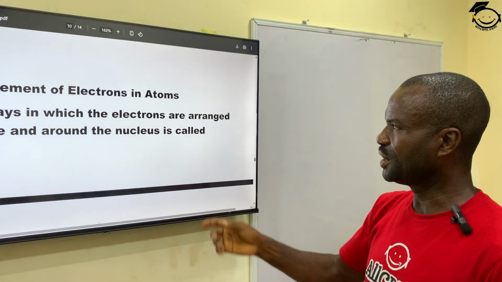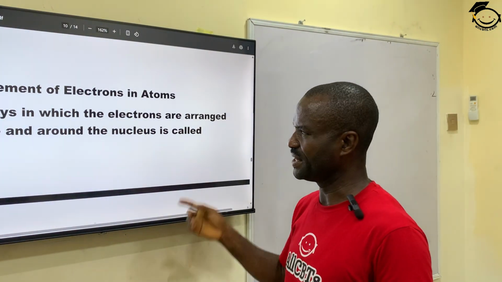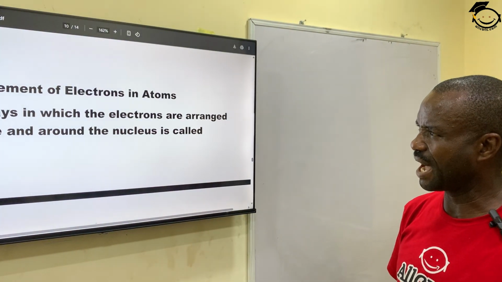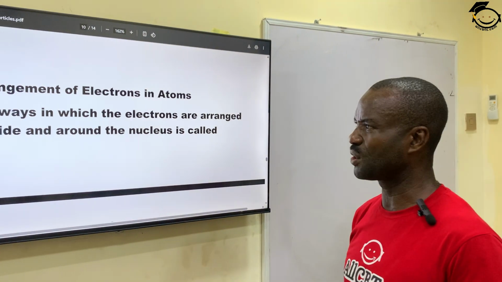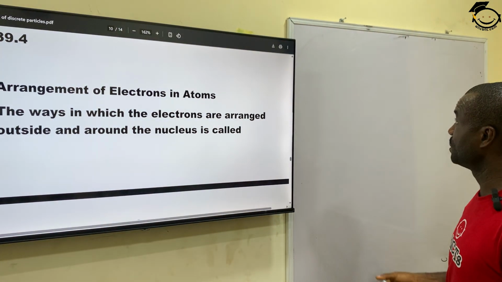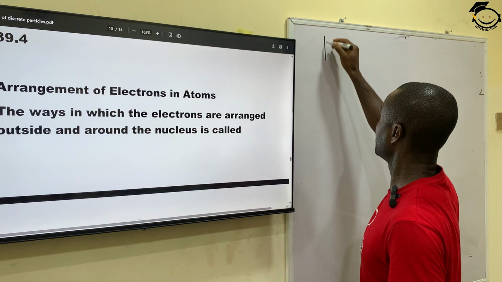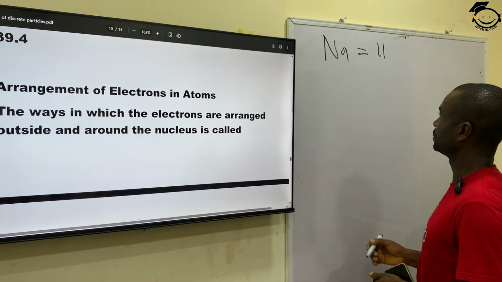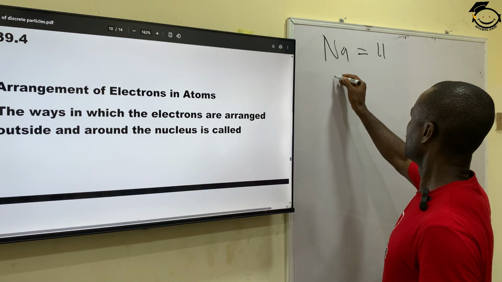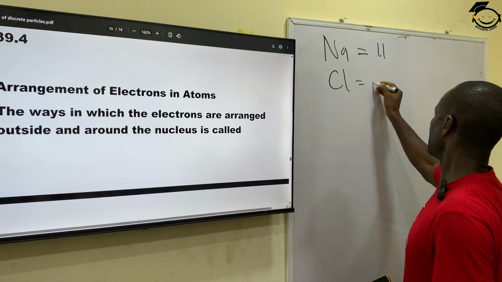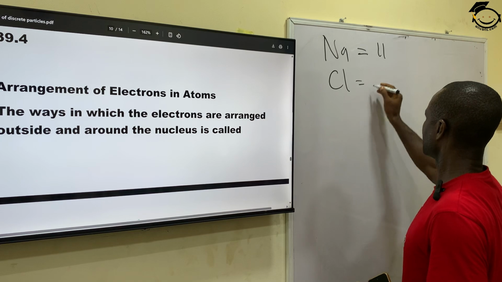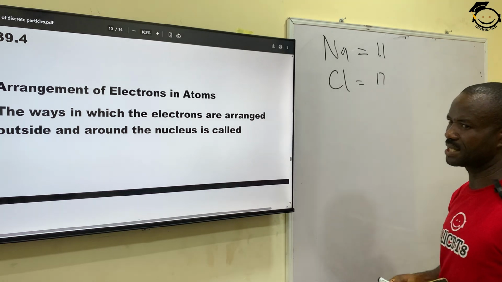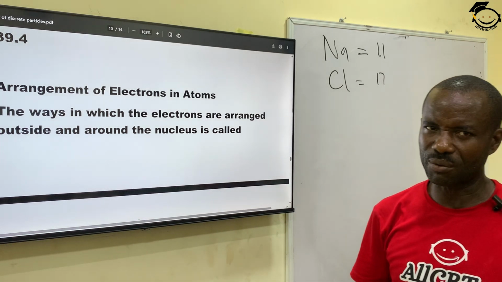So the way in which the electrons are arranged outside and around the nucleus is called electronic configuration. For instance, we may have elements like sodium with 11 electrons. Then we have chlorine with 17 electrons.